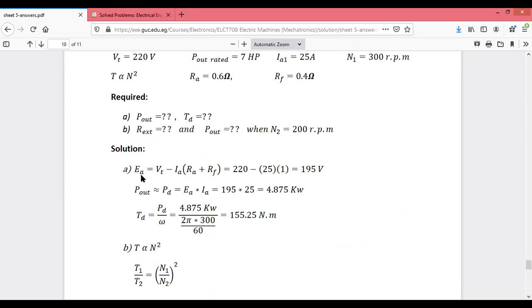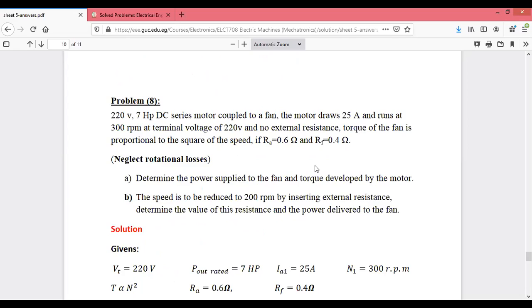Now we are supposed to find the power. We know power is current into voltage, so you can take power equal to EA into IA. We have the value of EA and IA, so you will get that value. But here they have asked you to determine the power supplied to the fan, and also to find the torque.